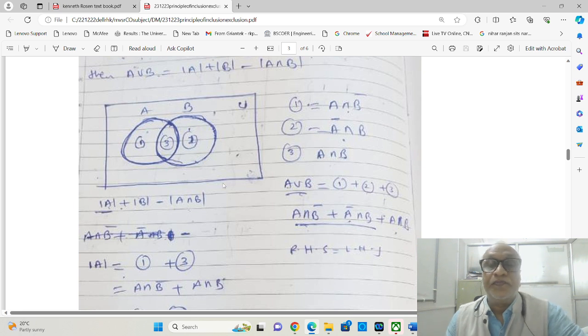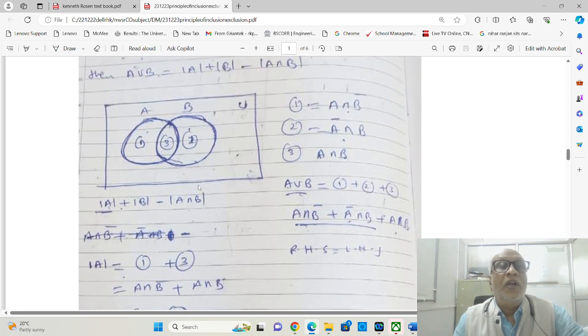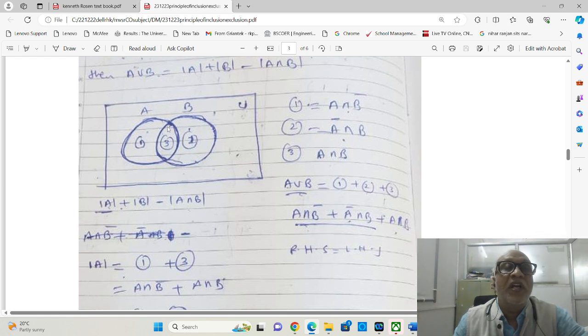As you can see here, there is one portion called 1 we have given, one portion called 2, and one portion, 3. This portion 3, we know these are common elements, A intersection B elements, right?